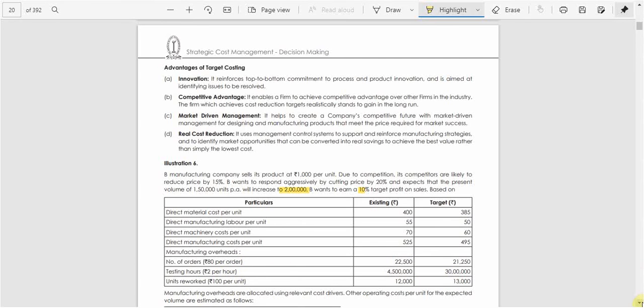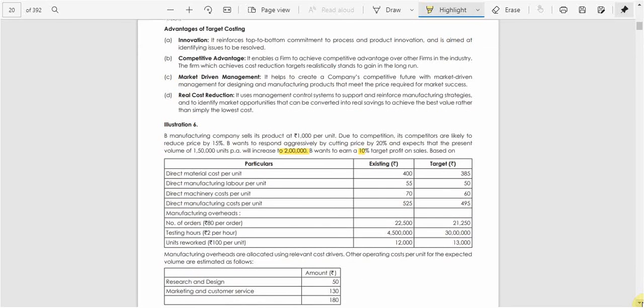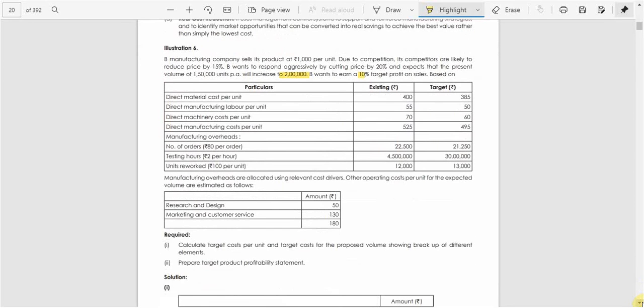So the manufacturing overheads are all allocated using relevant cost drivers. Other operating costs per unit for the expected volume are estimated as follows. Research and design is 50 rupees and marketing and customer service is given as 130 rupees. Total together it is 180 rupees.